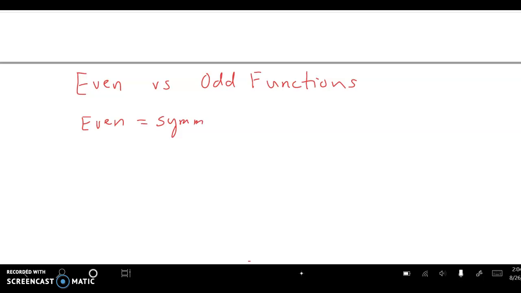The other thing I want to talk to you about today is even versus odd functions. The first thing you want to think about is an even function has symmetry over the y-axis.